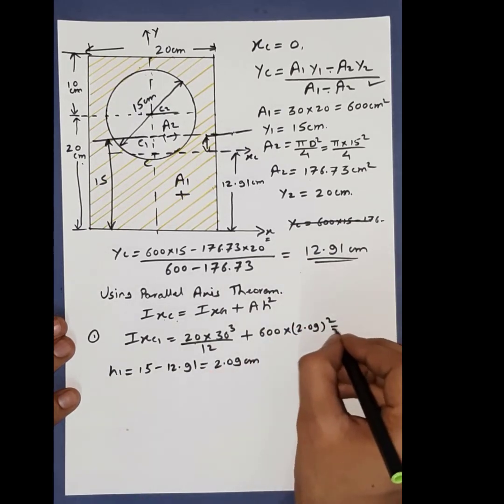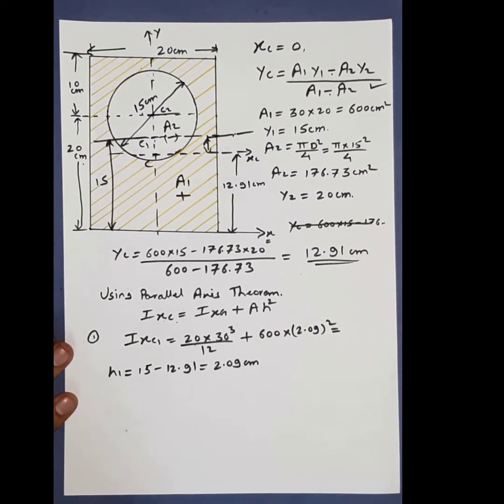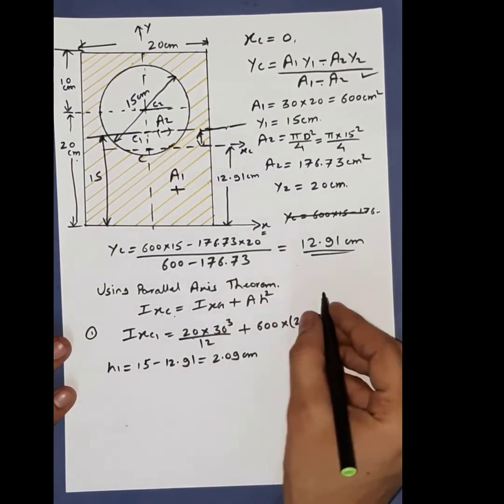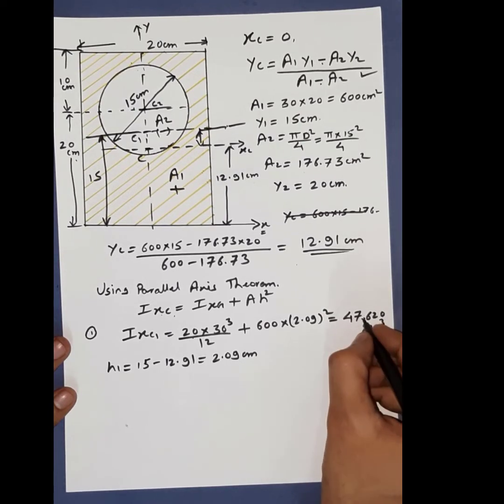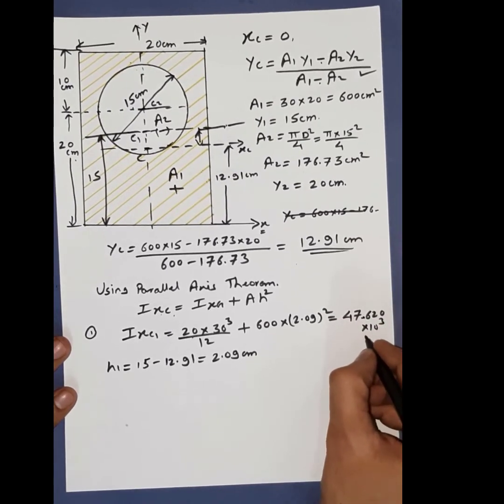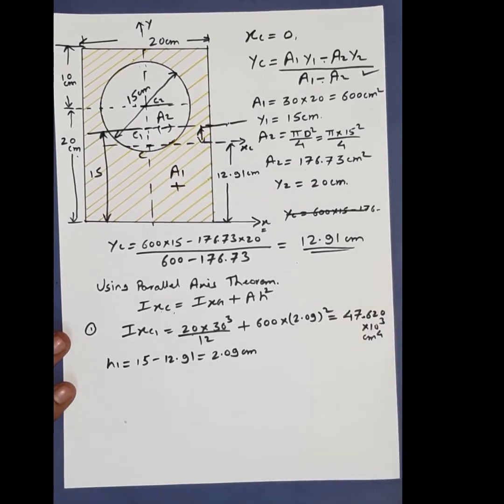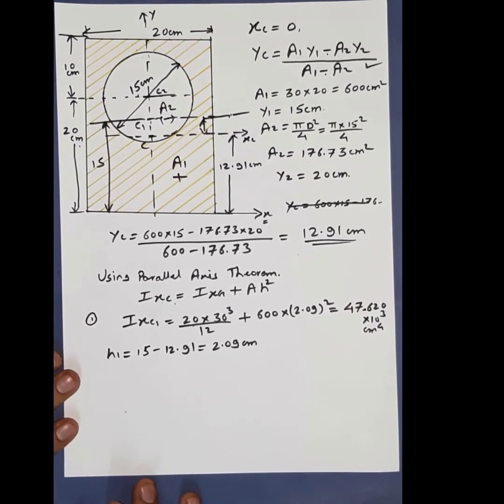Doing the calculation, you will get the value of Ixc1 as 47.620 into 10 to the power 3, and the unit for moment of inertia is centimeter to the power 4.